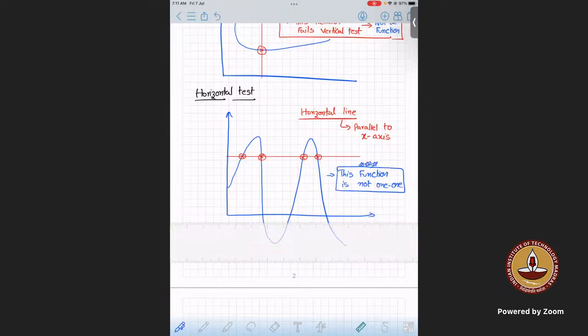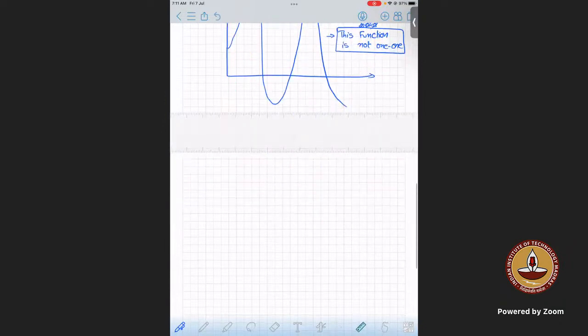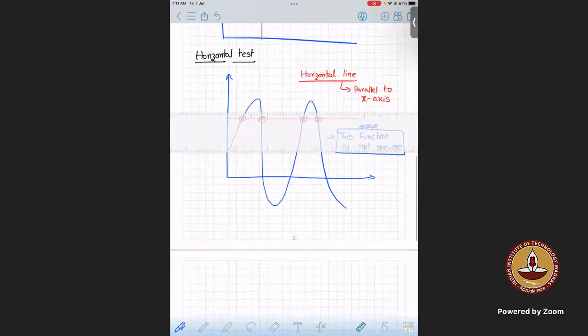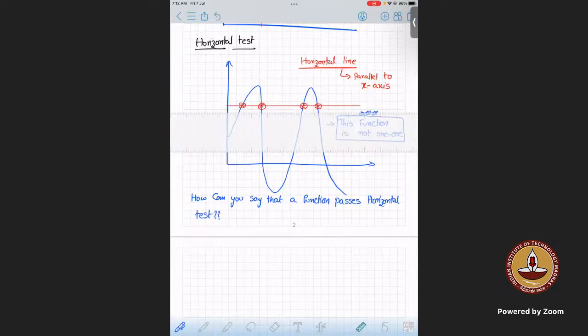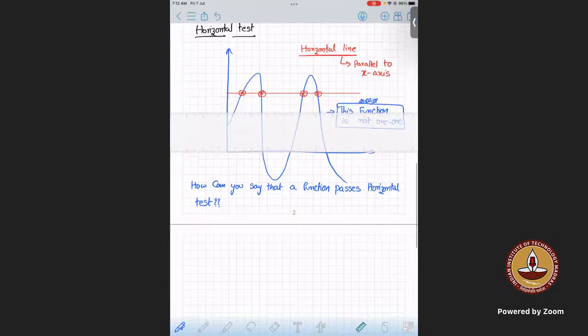Okay, how can you say that a function passes the horizontal test? Can anyone answer this question?